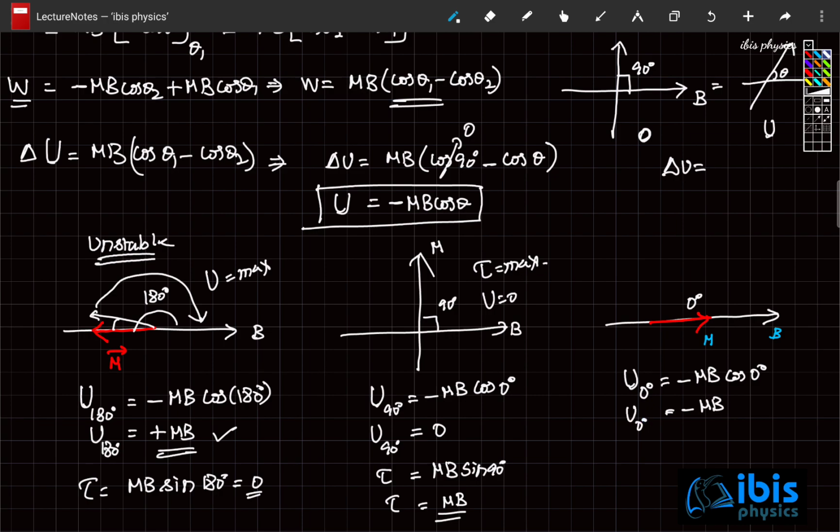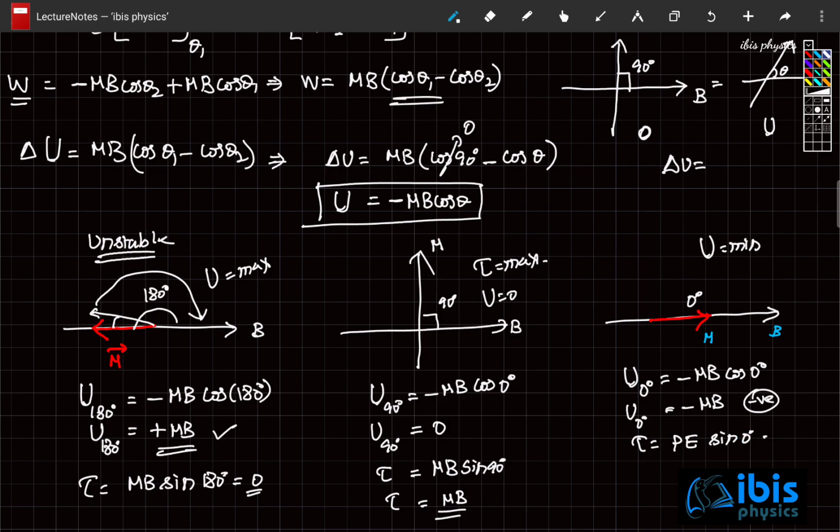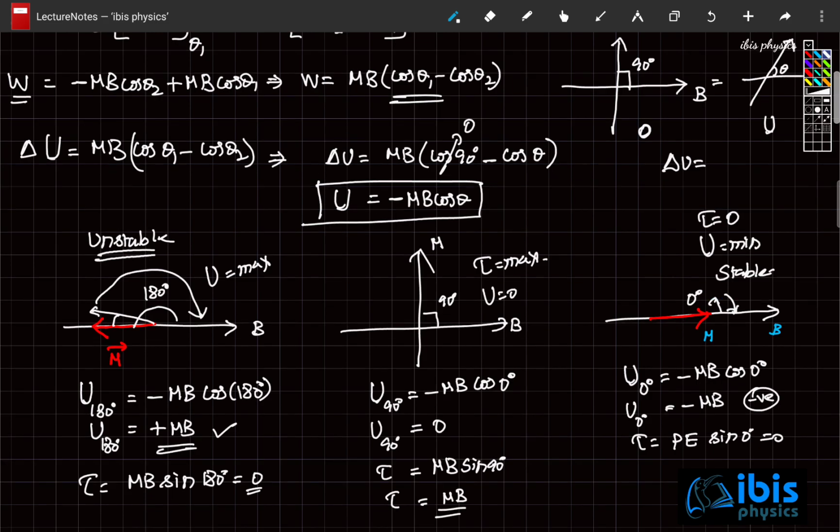That means the energy at 0 degree is negative. Because it is negative, it is stable. In this case, energy is minimum and torque is mb sine 0 degree. Sine 0 degree is 0, hence torque is 0. Energy is minimum, torque is 0, so this is in stable equilibrium. If you disturb the dipole slightly and leave, it will again come back to the original position.